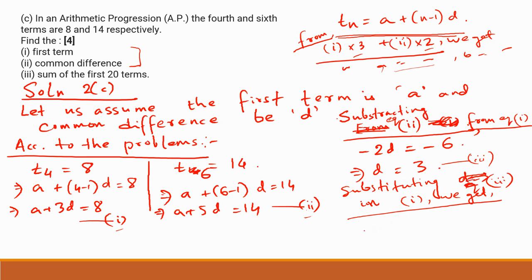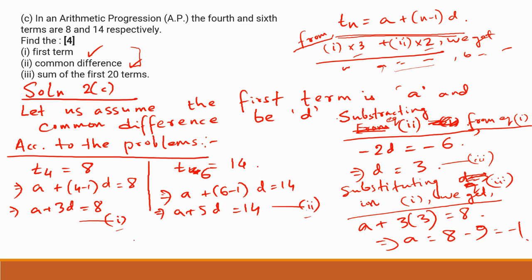We get a plus 3 times 3 equals 8. This gives us a equals 8 minus 9 equals minus 1. So you see, you got the first term as minus 1, the common difference as 3.